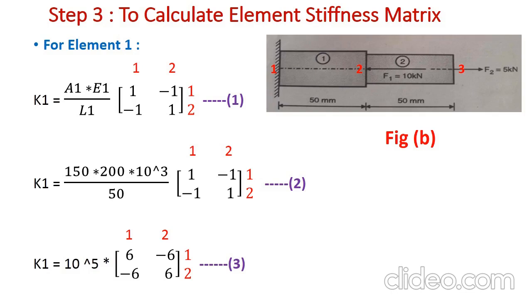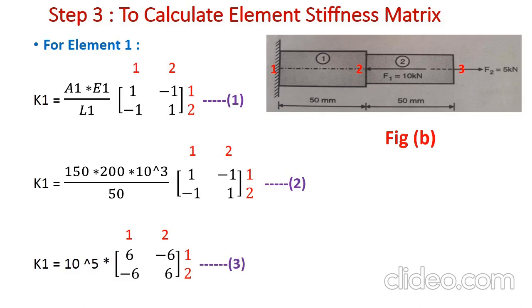Elemental stiffness matrix is represented by the formula K is equal to AE upon L into [1, -1; -1, 1]. This formula remains same for a 2 by 2 matrix. Next, K stands for the notation of elemental stiffness matrix.